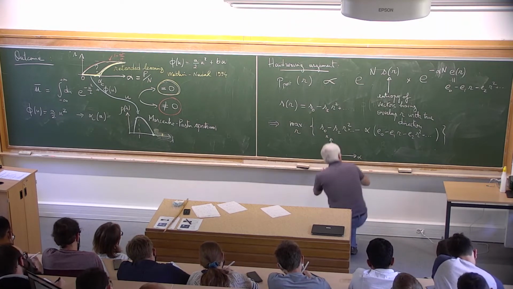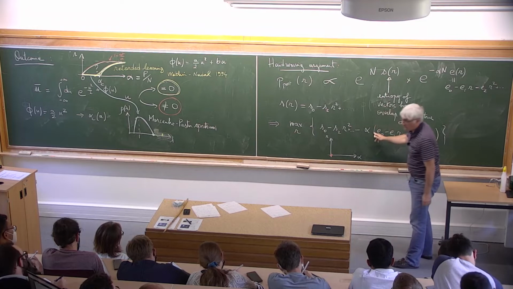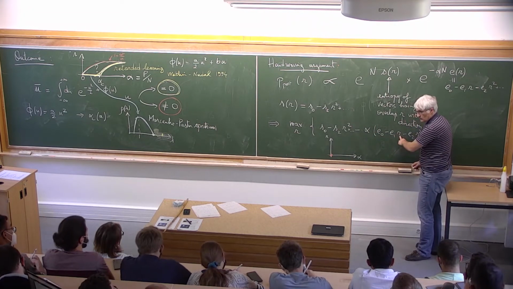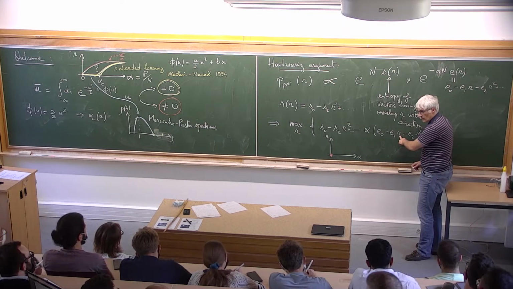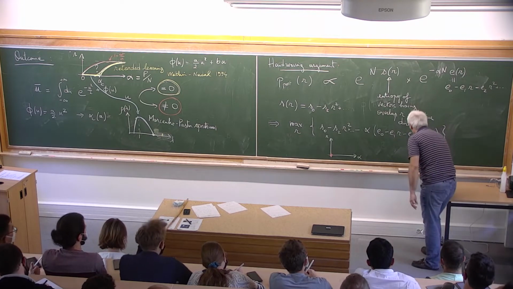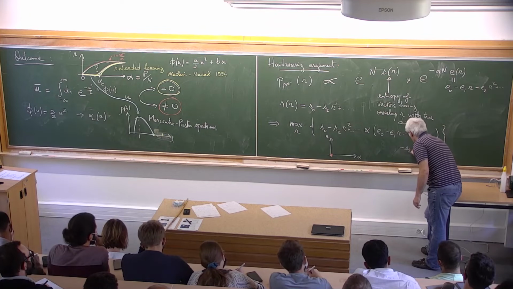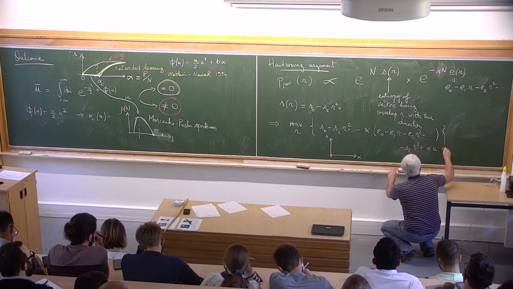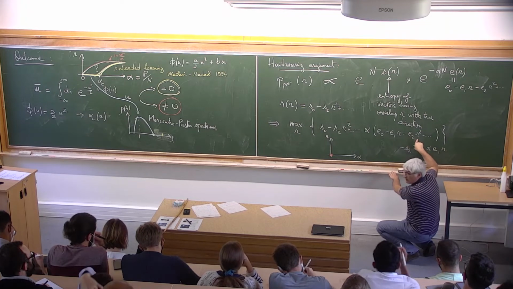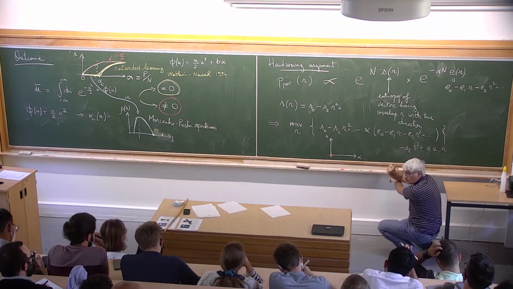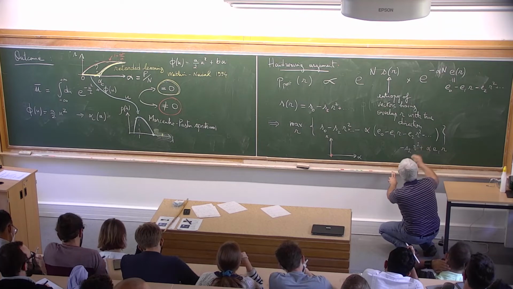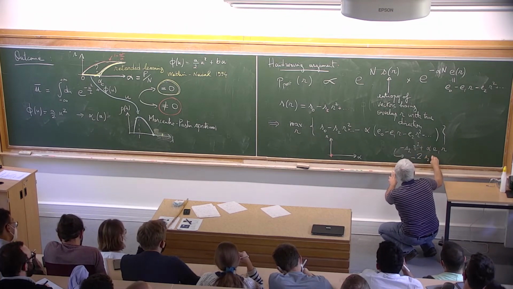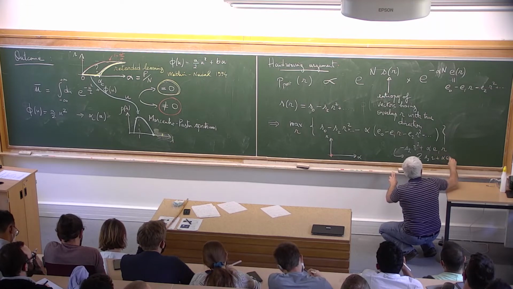Now let's assume that alpha is not equal to 0 anymore, but it's very small. And you see, there are two situations. Either E1 is equal to 0, or it's not equal to 0. So suppose E1 is not equal to 0, so I get a term which is minus S2R squared plus alpha E1R. And I can neglect the other term because R is very small. I'm starting from 0, so it's very small. Then if I differentiate this to get the maximum, I get minus 2 S2R plus alpha E1 should be equal to 0.